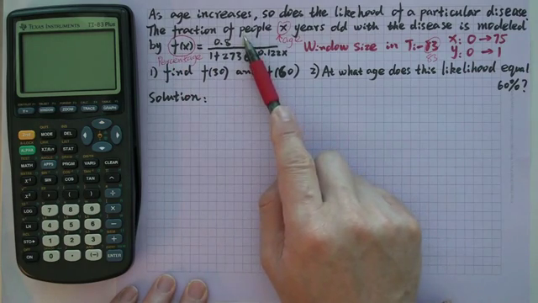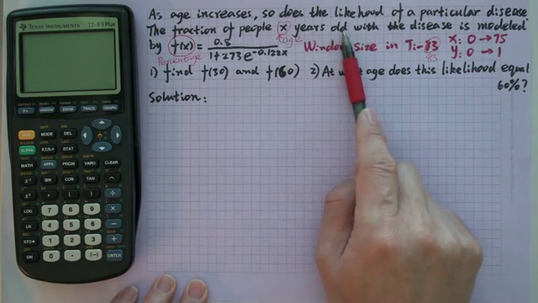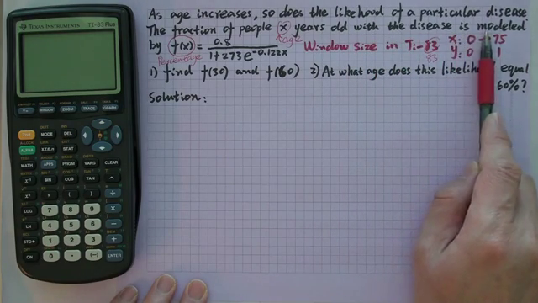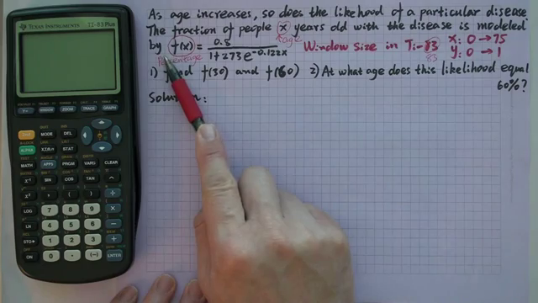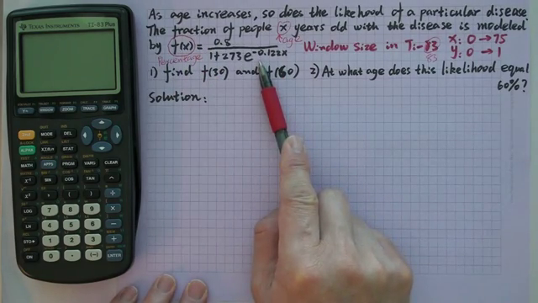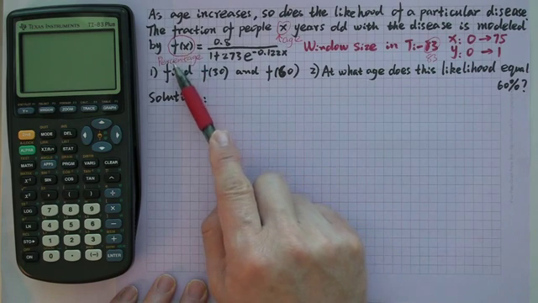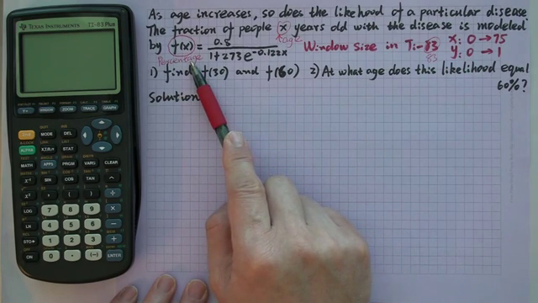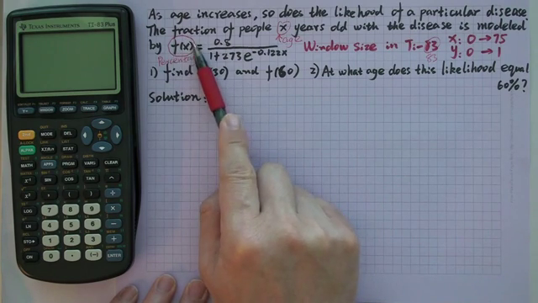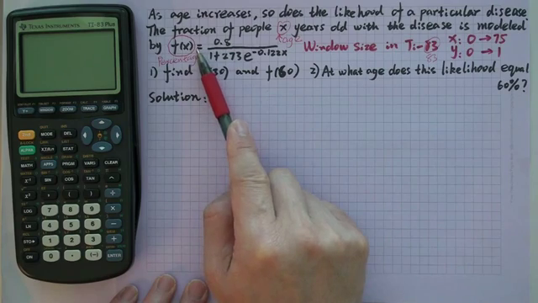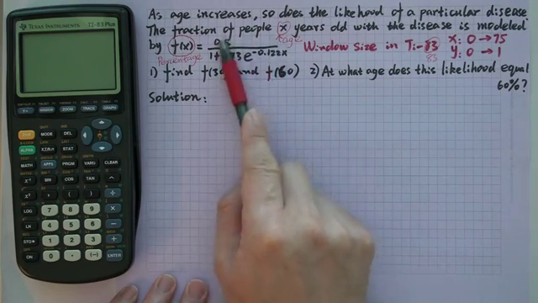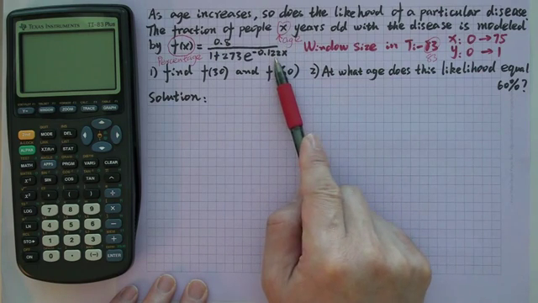The fraction of people X years old with the disease is modeled by this equation or this function. The left-hand side is percentage, or the probability, or you may say the likelihood. The right-hand side is an algebraic expression with age included.